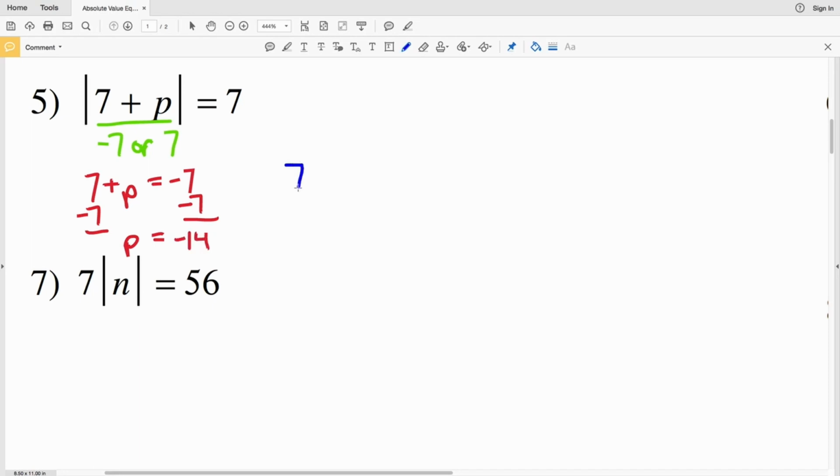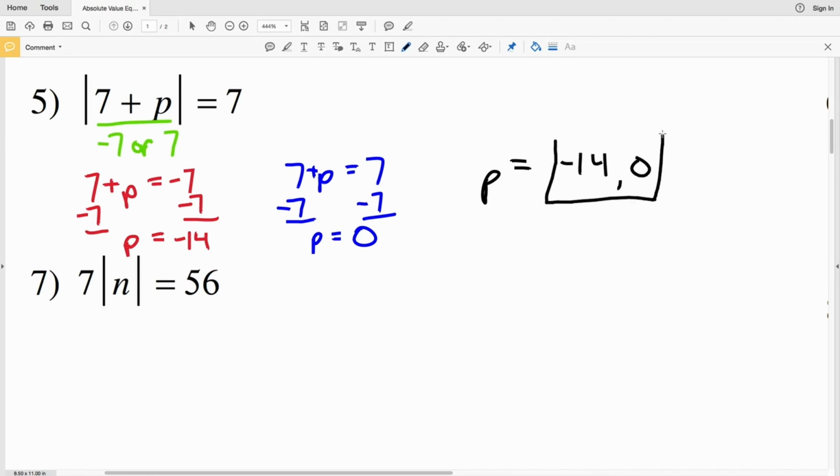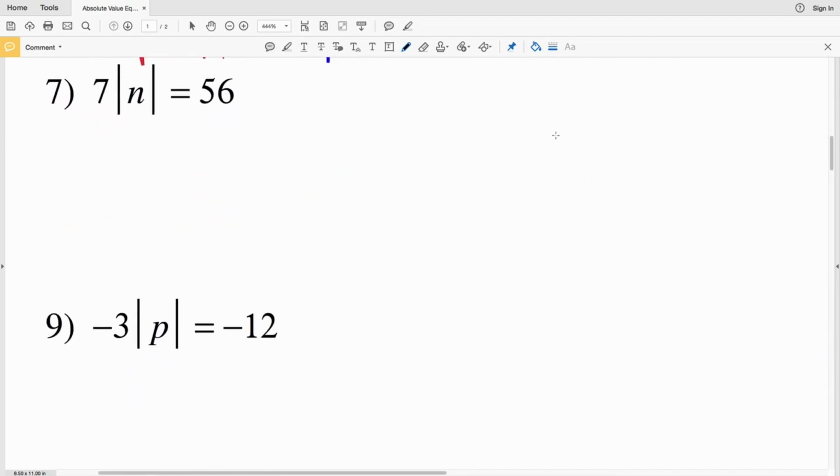Now solving for when 7 plus p equals a positive 7, if we subtract 7 from both sides, we'll get that p equals 0. So for number 5, p is either negative 14 or 0. Both answers are correct.